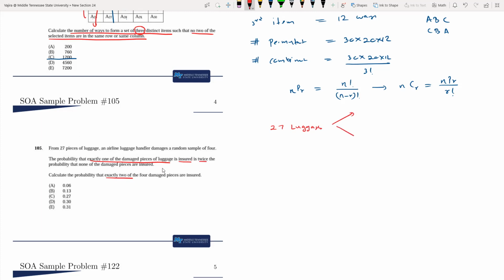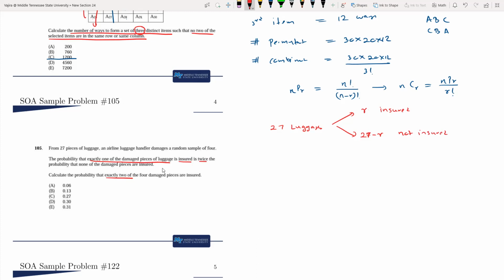Some are going to be damaged, some are not. Let's say some are insured. Let's say R are insured, so R pieces of luggage are insured. Then how many are not insured? We have 27 minus R not insured.